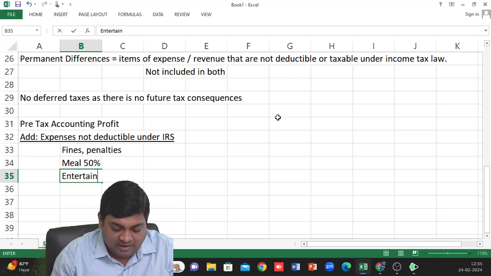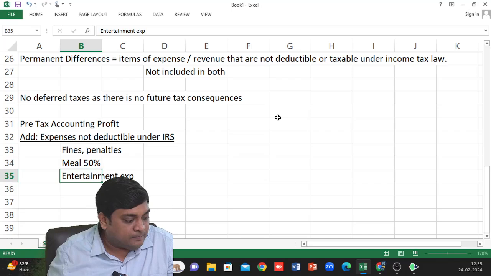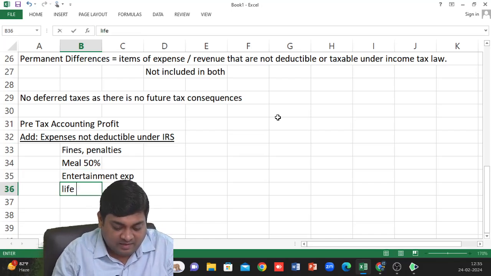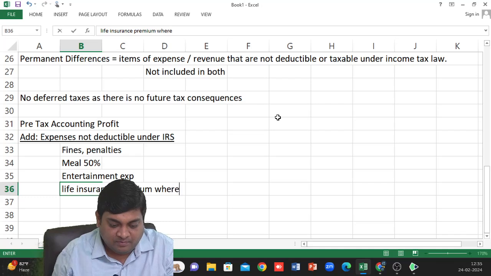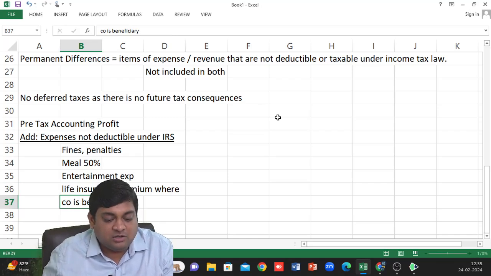Like entertainment expenses, life insurance premium where the company is the beneficiary. This is also not considered.